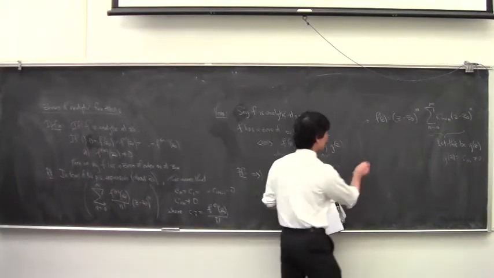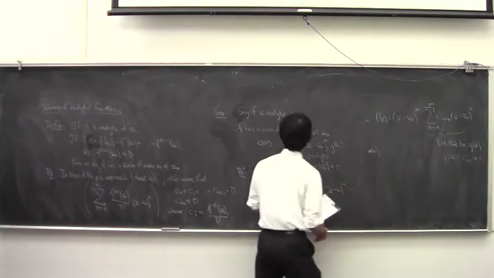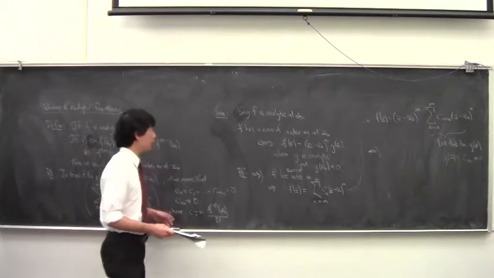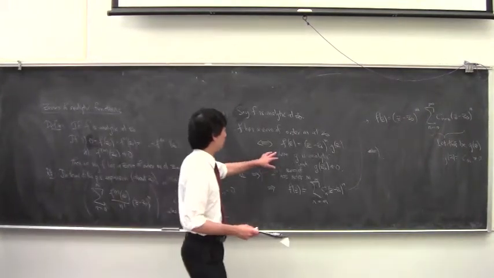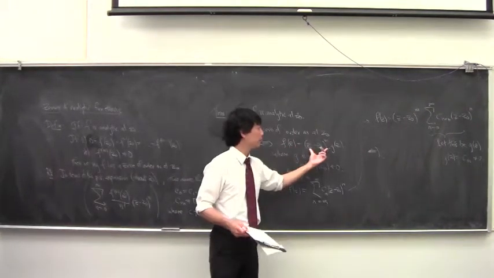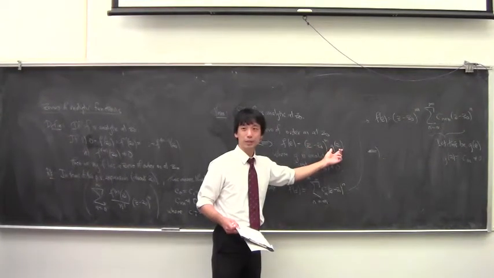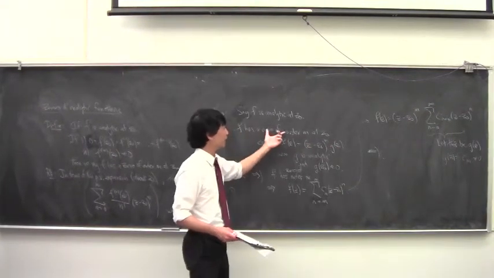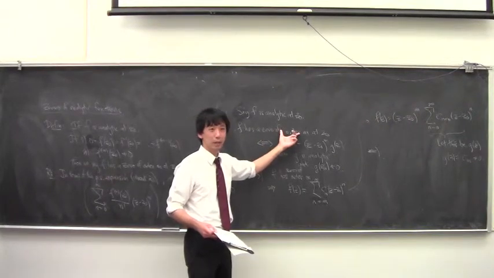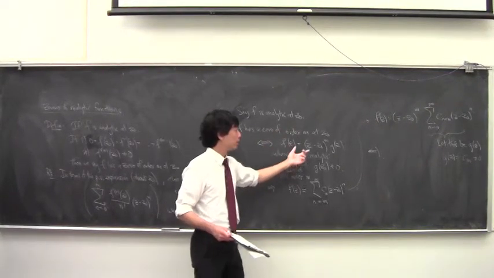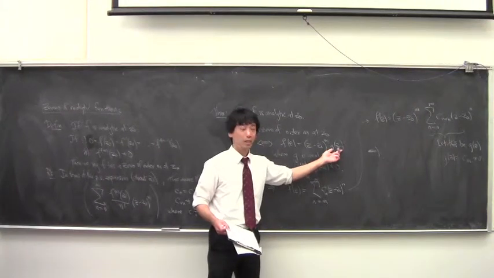And then going backwards, the same thing. If you know that f is something like this times an analytic function, and you want to see that f has a zero of order m at z naught, well, you just take the power series of g, and then you multiply it.